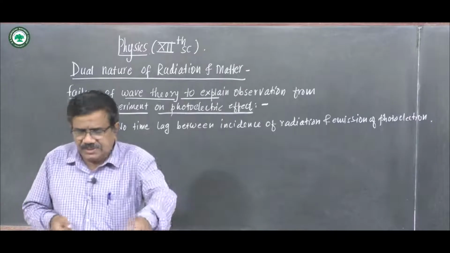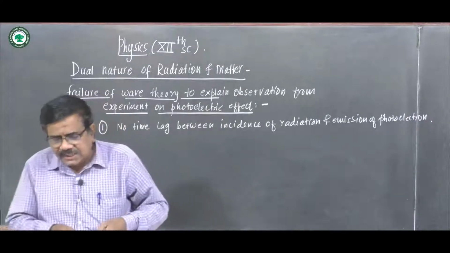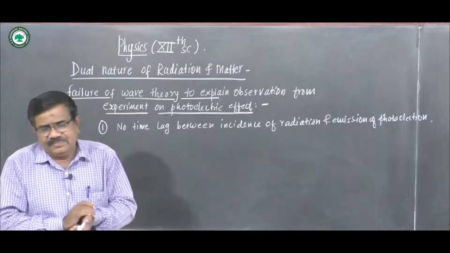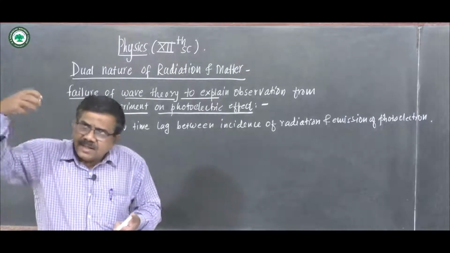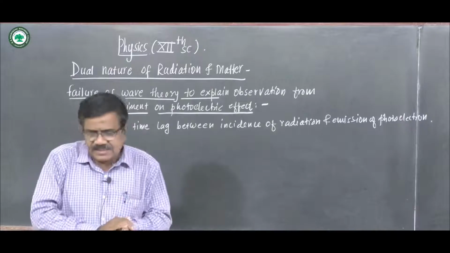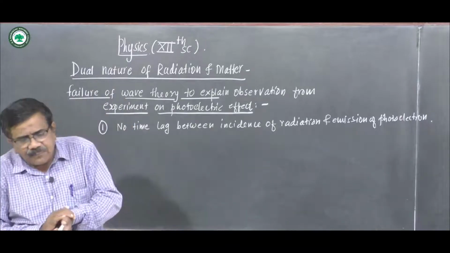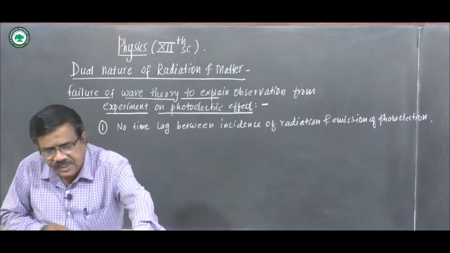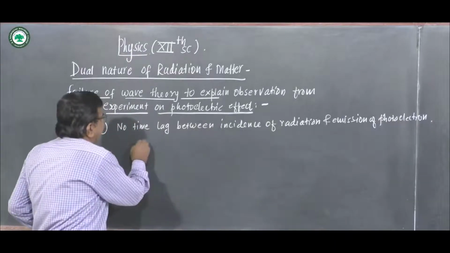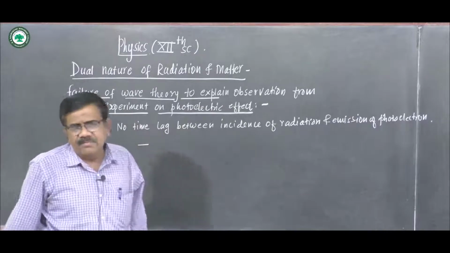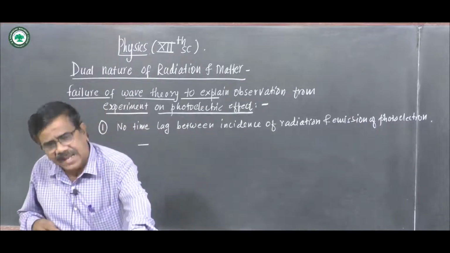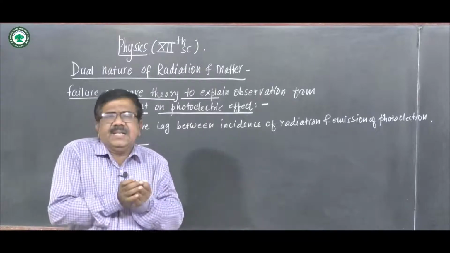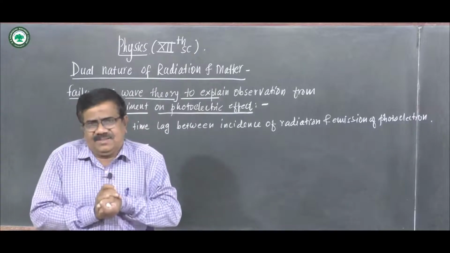But according to wave theory, when light is incident on the surface, all electrons near the surface will absorb the energy, and the metal surface will require a reasonable time to accumulate sufficient energy to knock off the electrons.